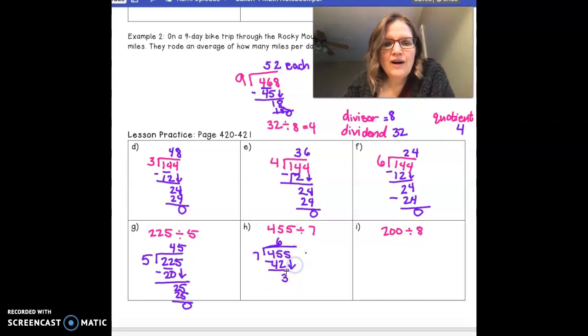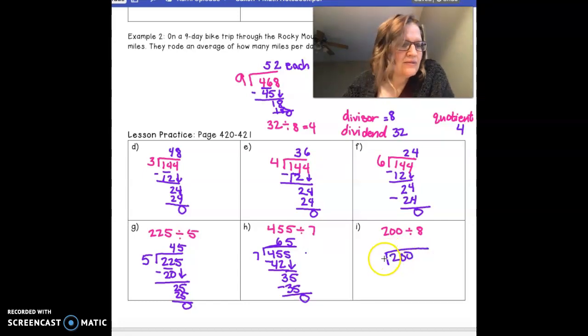Bring down our 5. 35 can be divided by 7 5 times. Multiply. 5 times 7 is 35. Subtract. No remainders. Now, 200 divided by 8.